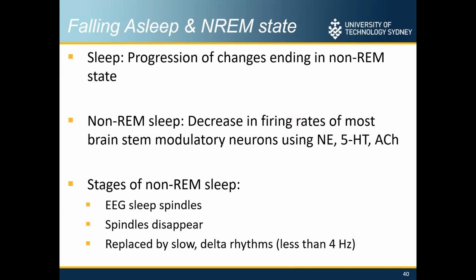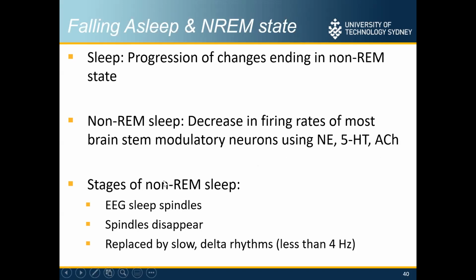What they've shown is that just before falling asleep, you would have a significant decrease of activity in these neurons that release norepinephrine, serotonin, and acetylcholine. And when you're in non-REM sleep, you have minimal activity of these neurons.